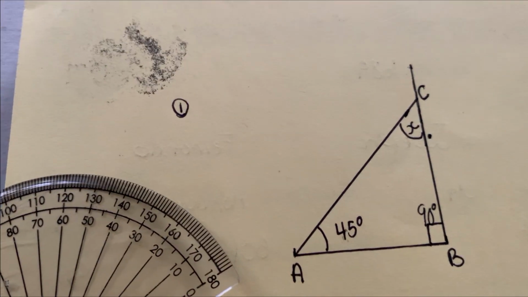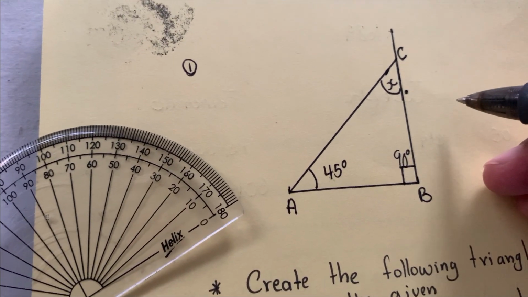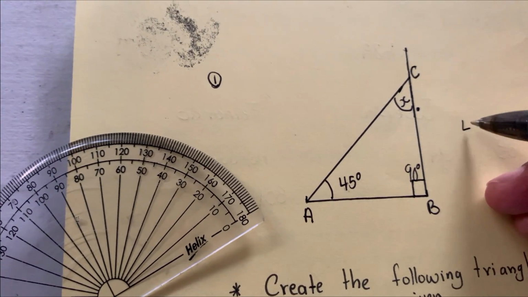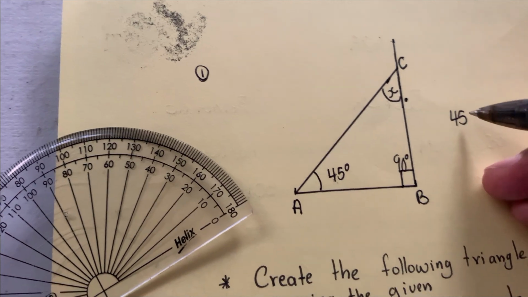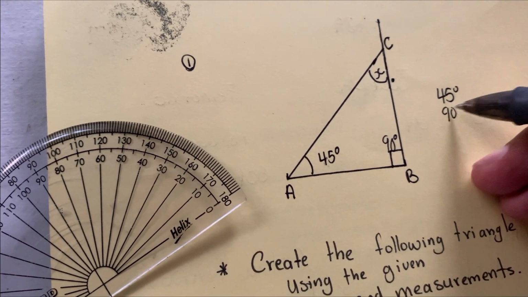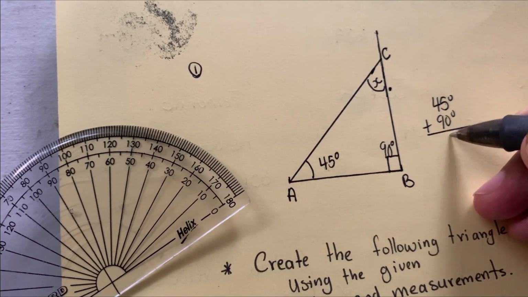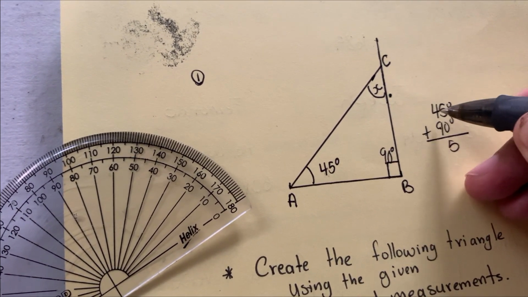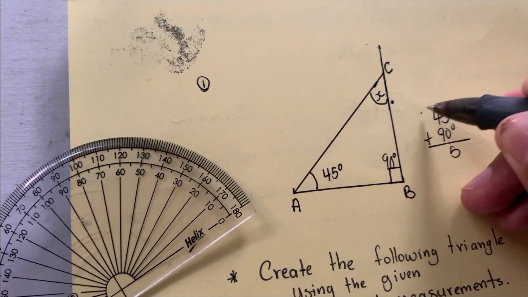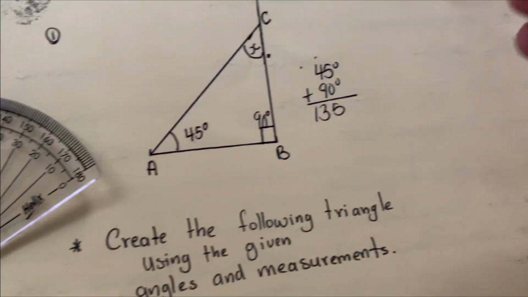Now there is an angle that you don't know how much it measures. Very easy. You already know by now that you can find the missing angle by adding the two available angles, 45 plus 90. 5 plus 0 is 5. 9 and 4 would be 9, 10, 11, 12, 13. You have a total of 135.